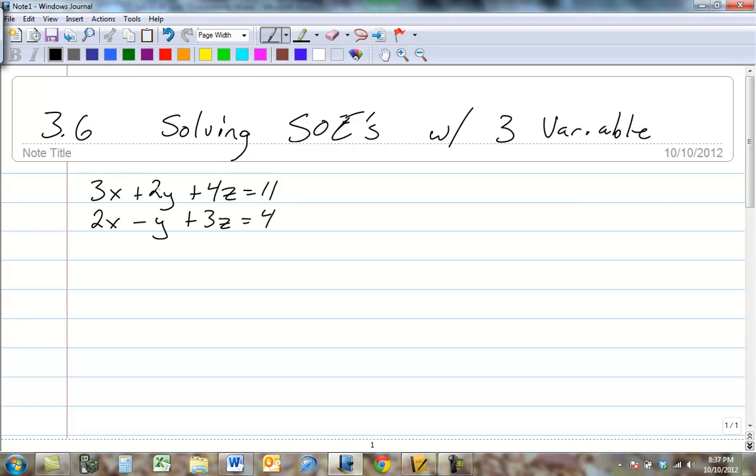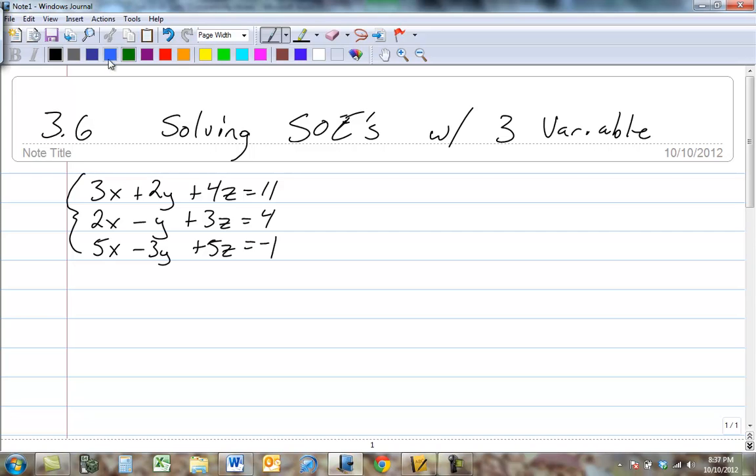Because these have three variables, we're going to need a third equation in order to solve this. And the third equation is going to be 5x - 3y + 5z = -1. All right, so this is our system.